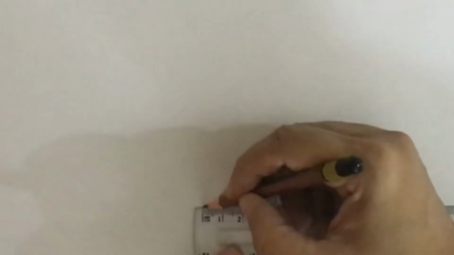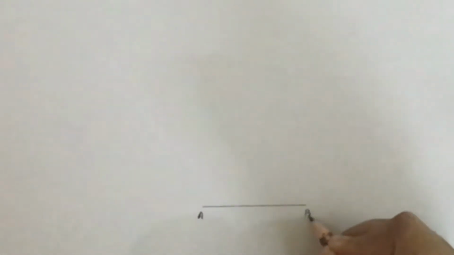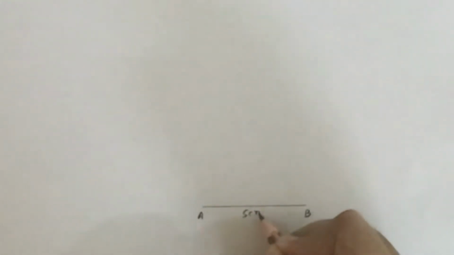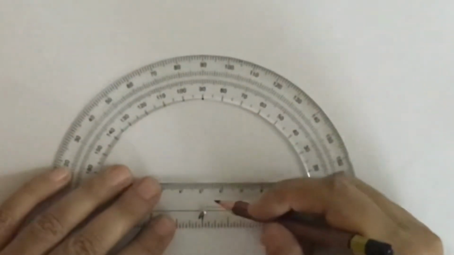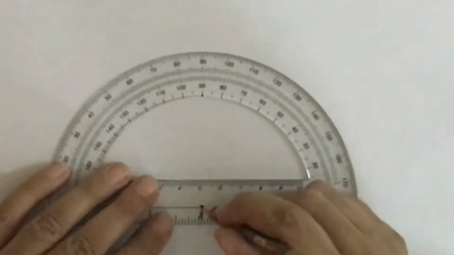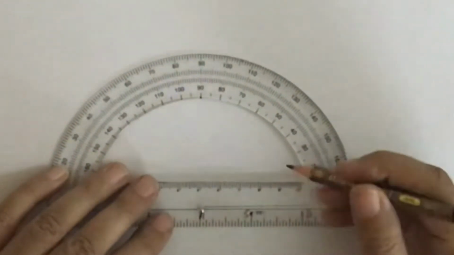From 0 till 5, this is AB 5 centimeter. We shall put our protractor here on A. This is A. We shall hide the vertex below it.